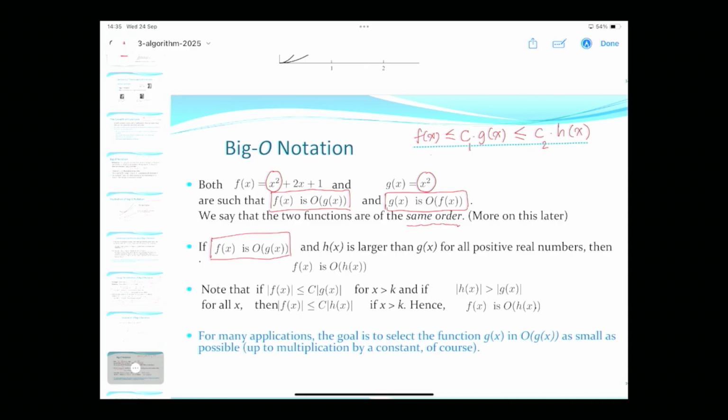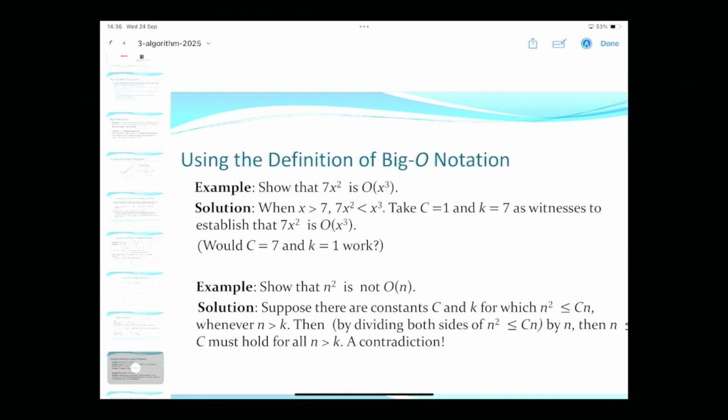So that means f(x) is O(h(x)), and also f(x) is O of h(x) as well, right? Based on the definition of the big O. But just keep in mind that we just want to find a close approximation, right? So we come out with the smallest function possible. Okay, let's see next.